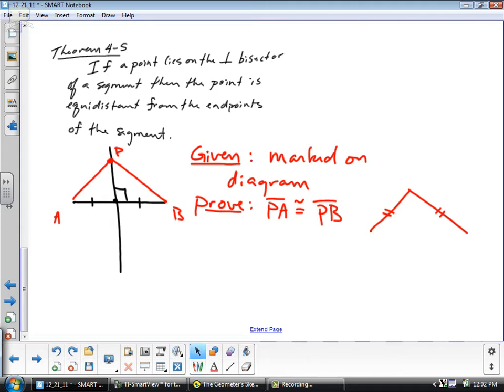The question is, can I prove these triangles are congruent? Let's label this point M so we can refer to those triangles. Yes, the triangles are congruent by side-angle-side. So we have triangle PAM is congruent to triangle PBM.